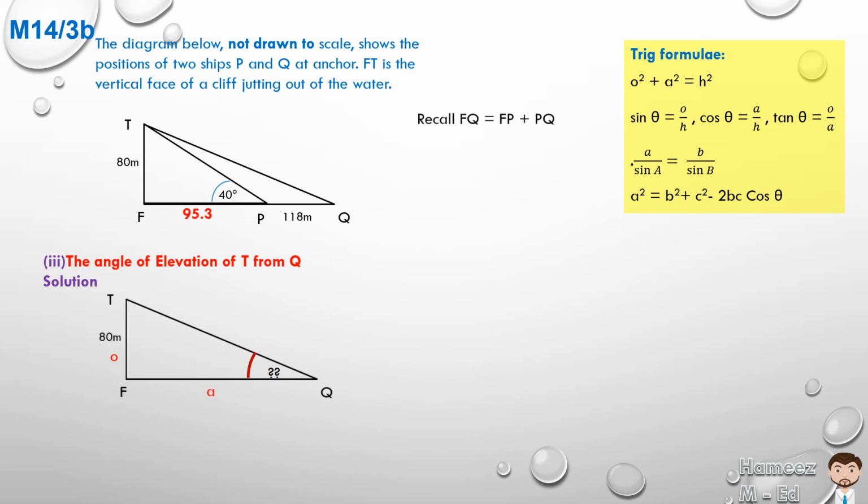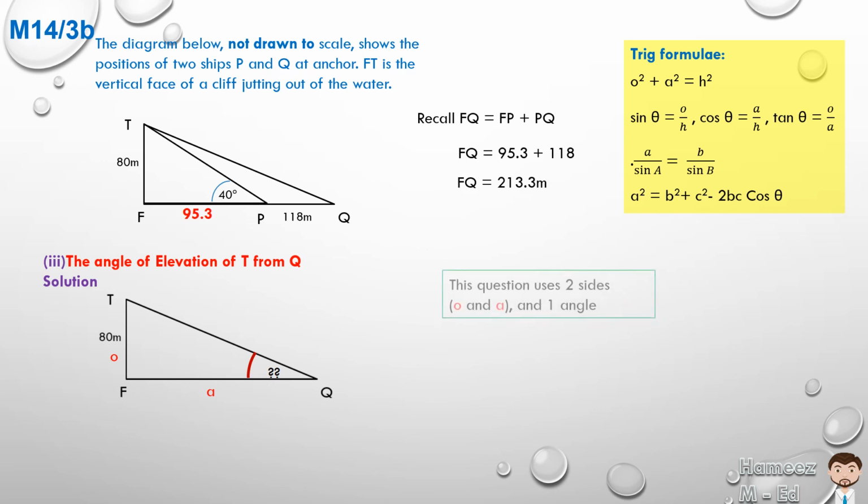Let's recall, to get the full length FQ, that will be equal to FP, that part, plus PQ, the other part. So FQ is equal to 95.3, which we've worked out before in part 2 of the question. And then we also know PQ is equal to 118 meters, which they gave us. As such, a total length FQ is equal to 213.3 meters.